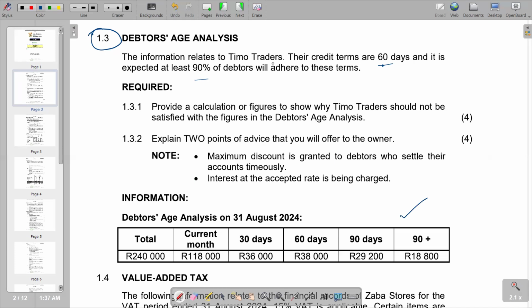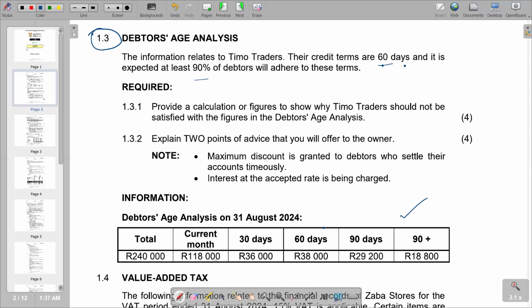Remember, Timor Traders requires a credit term of 60 days, and also it's expecting at least 90% of the debtors to be adhering to these terms. So 60 days is here. So it means we are going to add the totals of those that are in line with the credit term, that is 60 days or less.